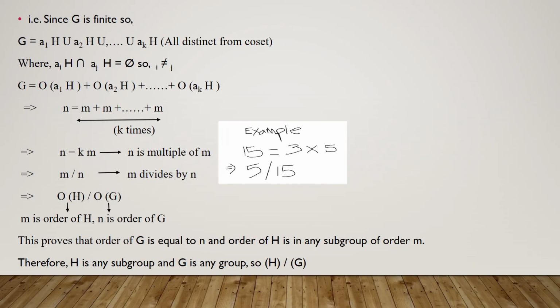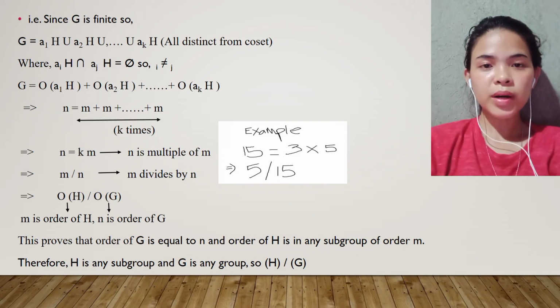Therefore, H is any subgroup and G is any group. This proves that the order of H divides the order of G. So that is the Lagrange theorem. That's all, Ma'am. Thank you.